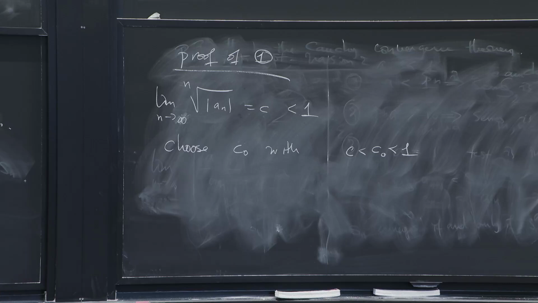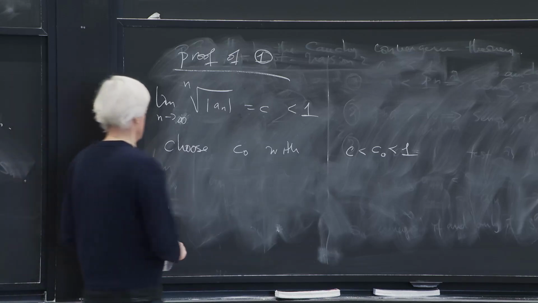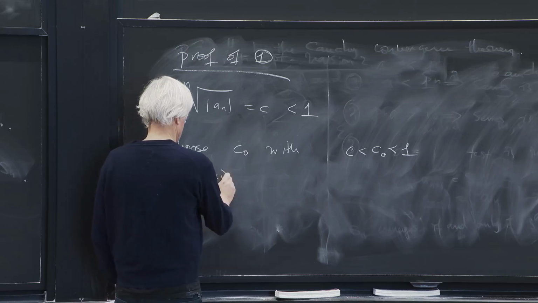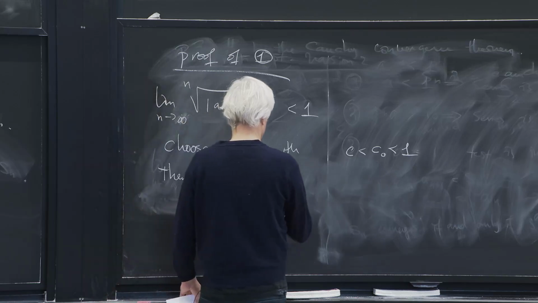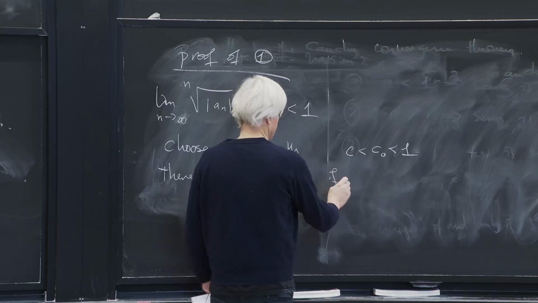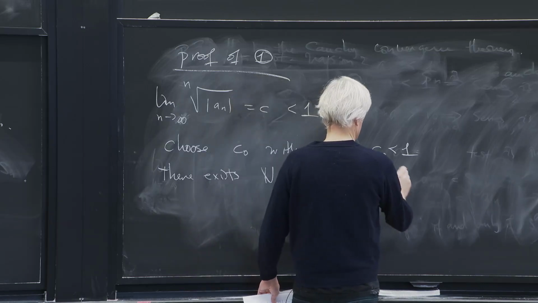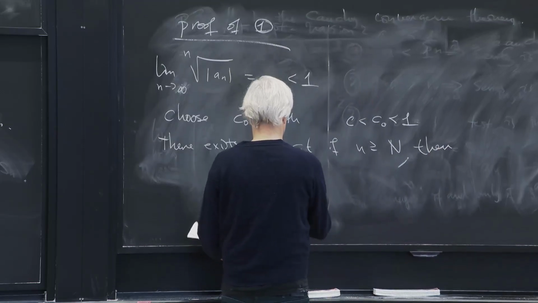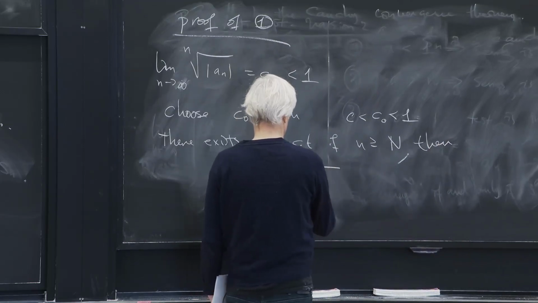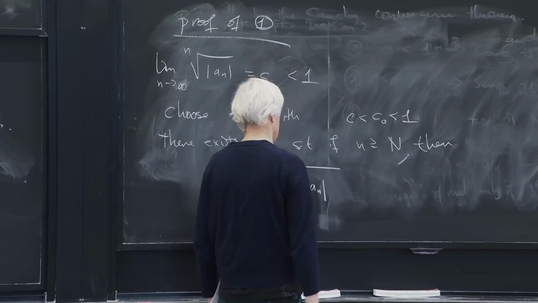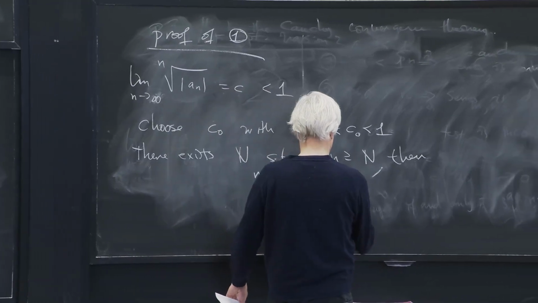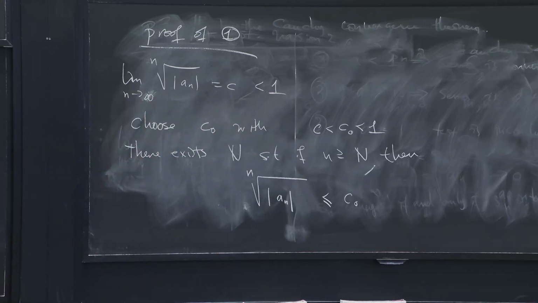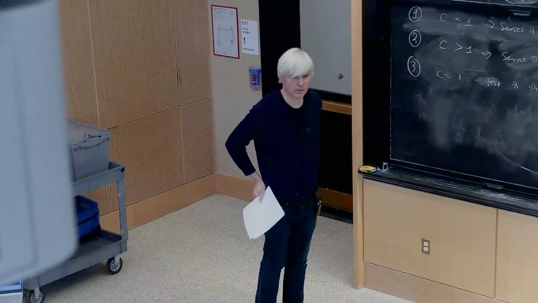And now we know that because we have this limit, there exists a capital N such that if little n is bigger than capital N, then the nth root of this absolute value is actually less than or equal to c0. This is just because c0 was strictly bigger than c.